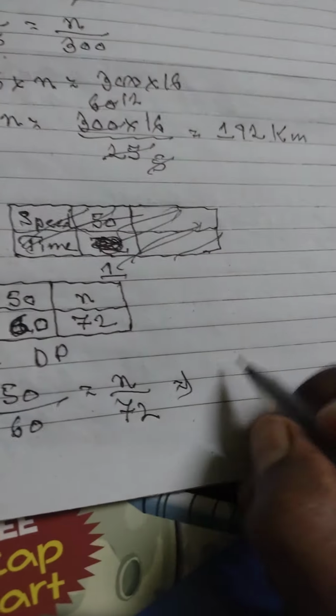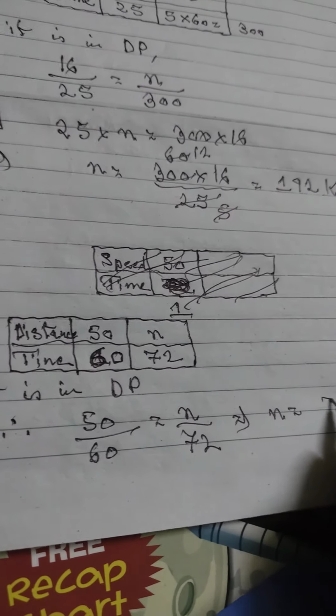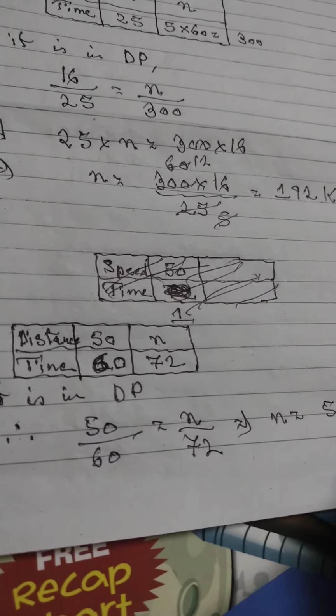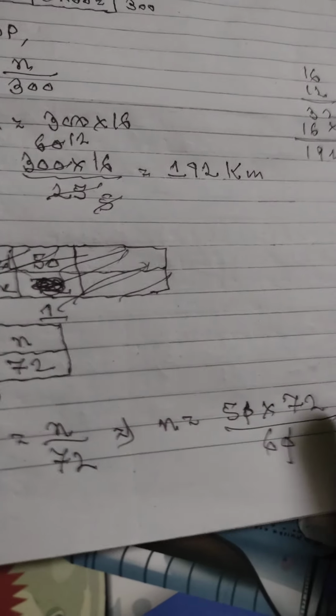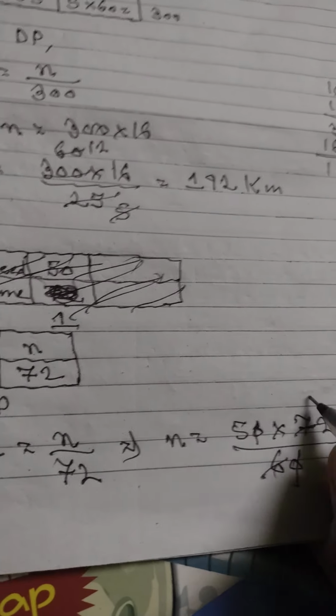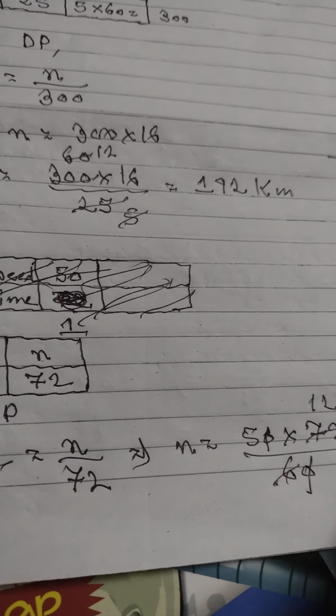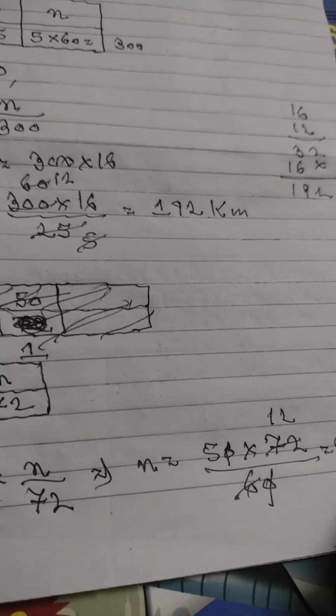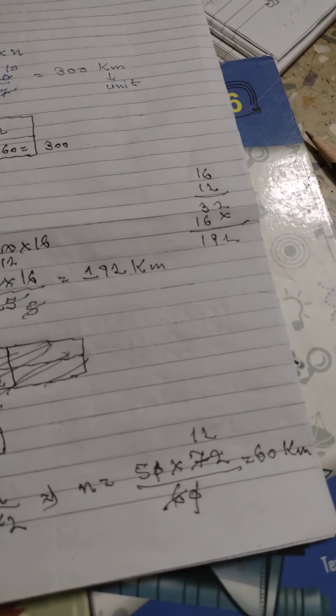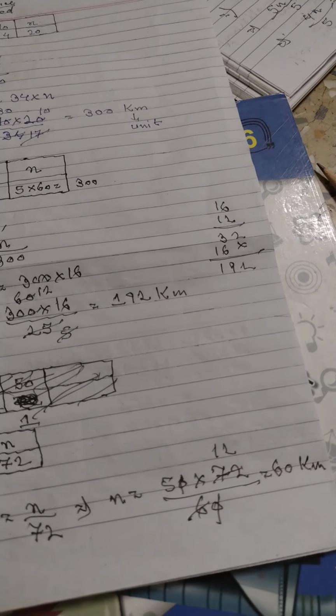Now I'm writing directly x is equal to 50 into 72 by 60. Okay, so cancel the 0, thereafter 6 12, so it is coming 60. So this 60 will be your distance, so it is kilometer. Let me check the answer. Wait. Answer is correct, 60 kilometer.